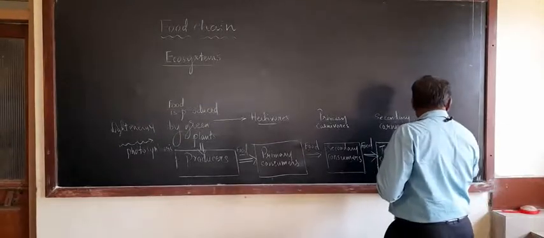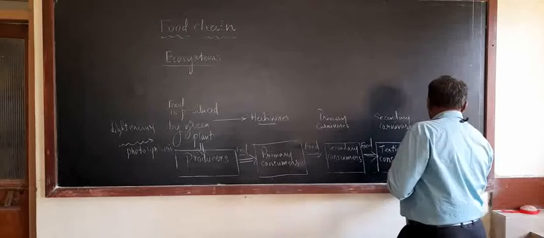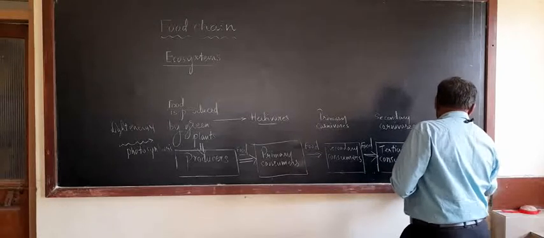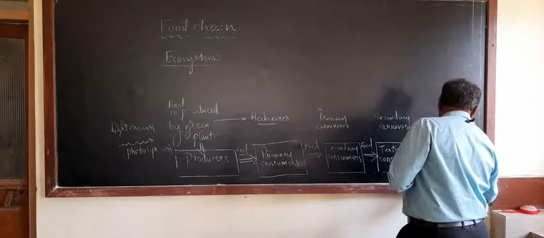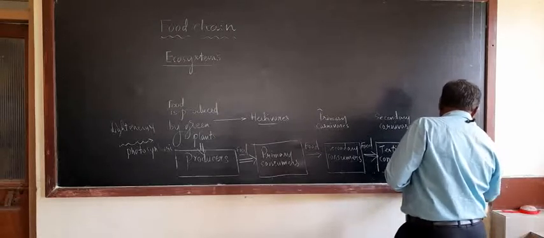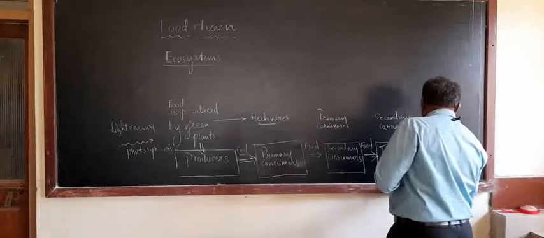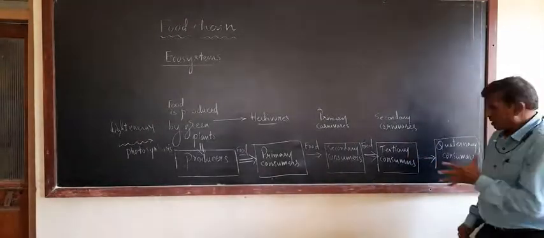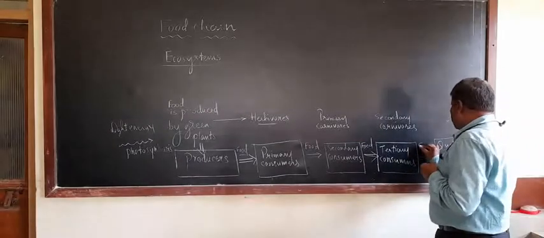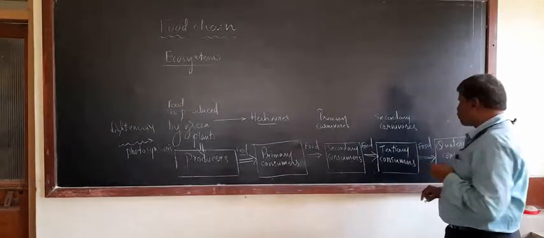Suppose there are quaternary consumers present in the ecosystem, and these quaternary consumers usually feed upon the tertiary consumers. By feeding upon the tertiary consumers, they get their food.